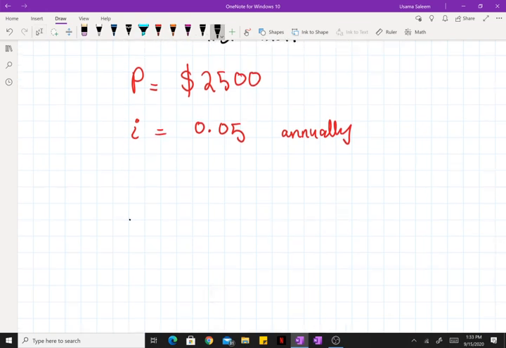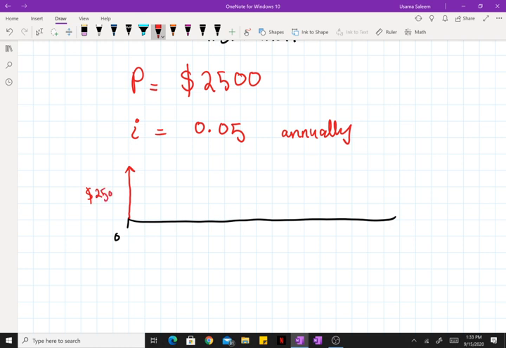So at year zero, the money has been taken from the bank. From David's perspective, that's going to be a positive cash flow. Year one, year two, and year three.